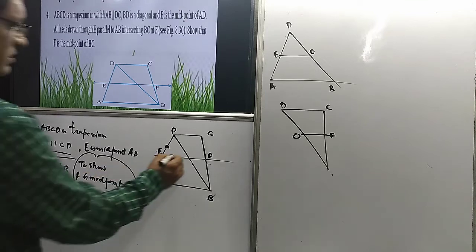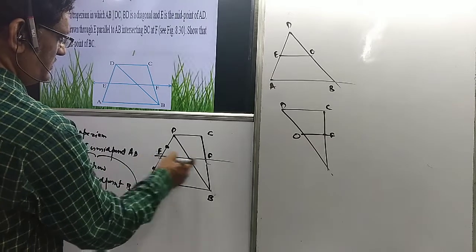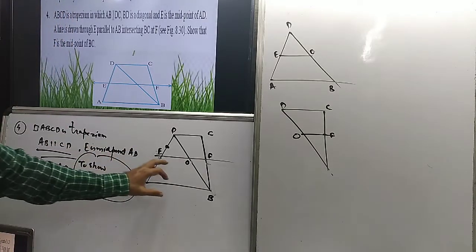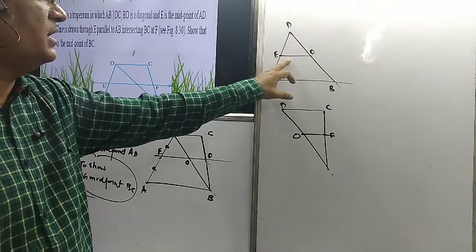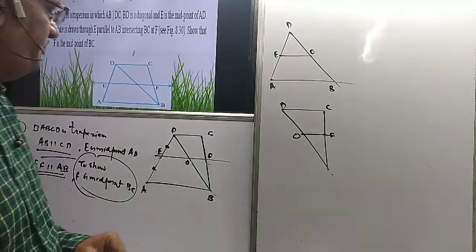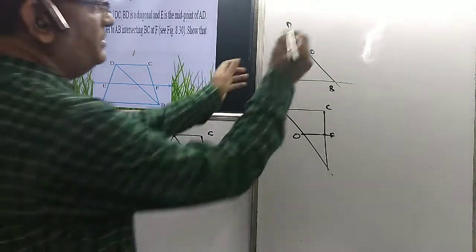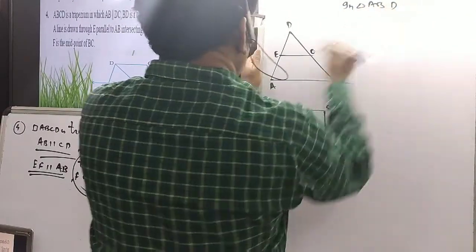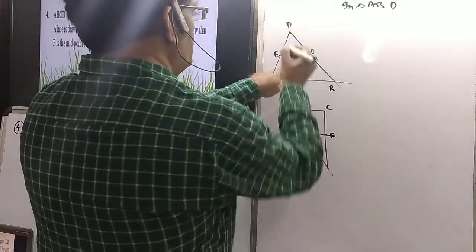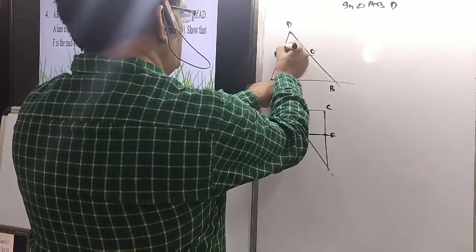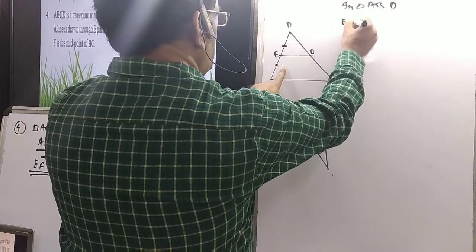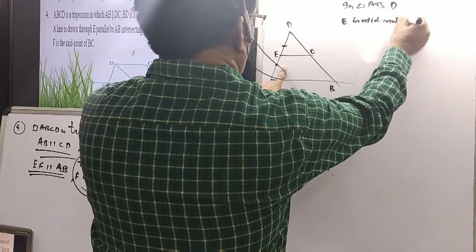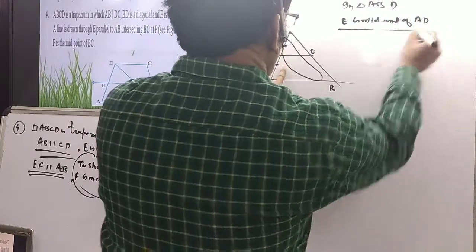Now let us denote the point of intersection of EF with BD as O, and let us consider a triangle, that is ABD. In triangle ABD, what is given? E is the midpoint of AD.